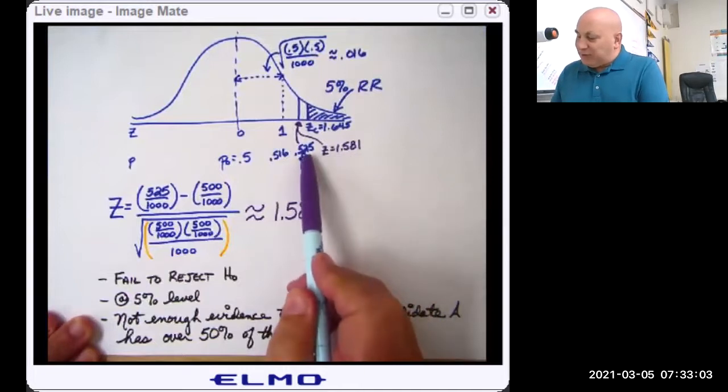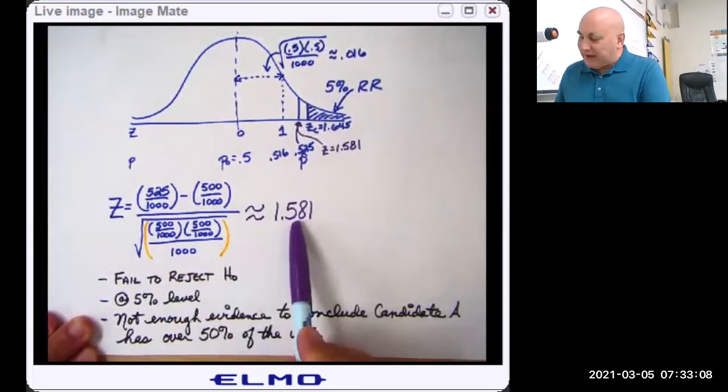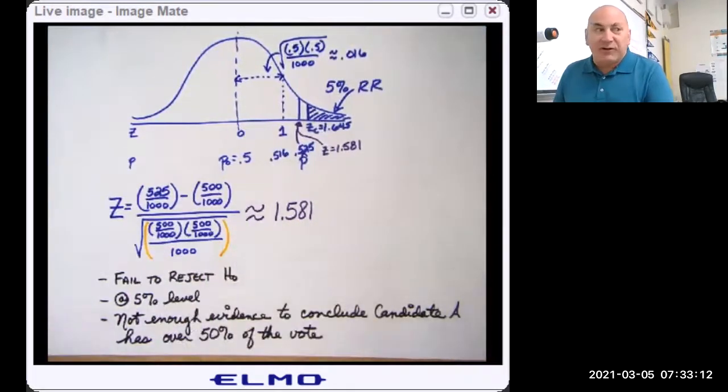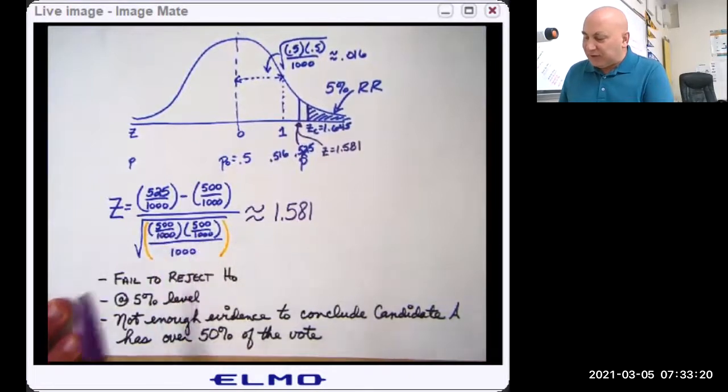Our 0.525 converts to a z-score of 1.581. You can see that I've substituted the numbers in appropriately. You do not put 525 out of 1,000 and 475 out of 1,000 in the standard error. These are p0 and q0.